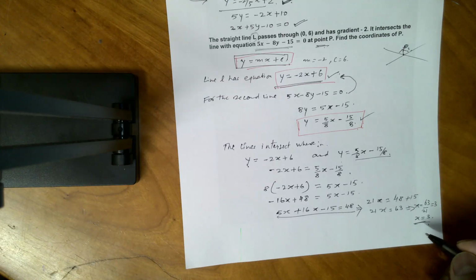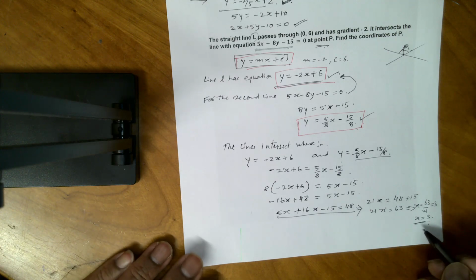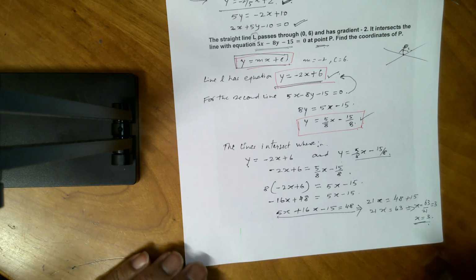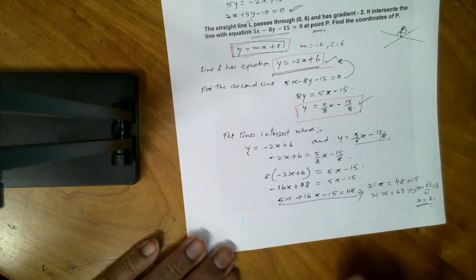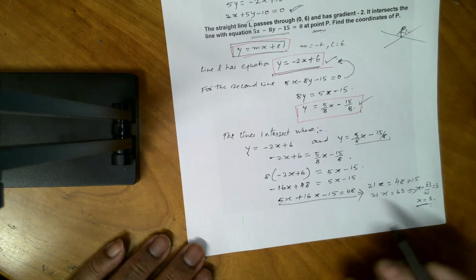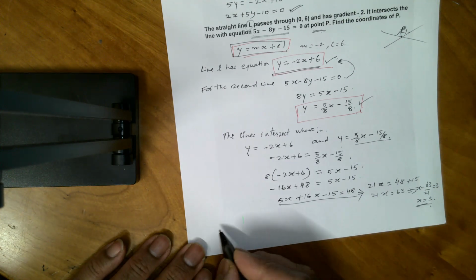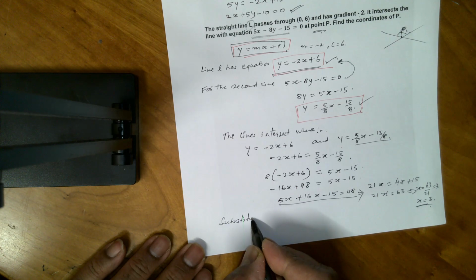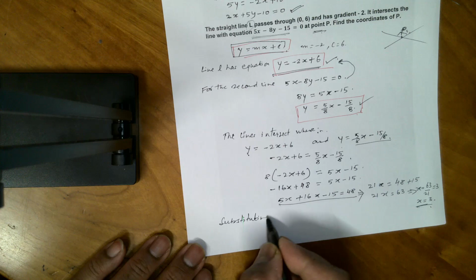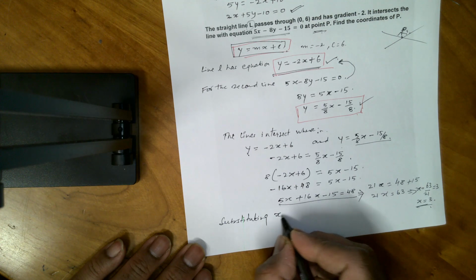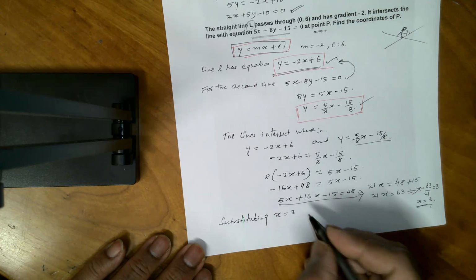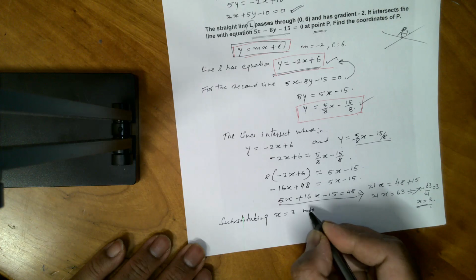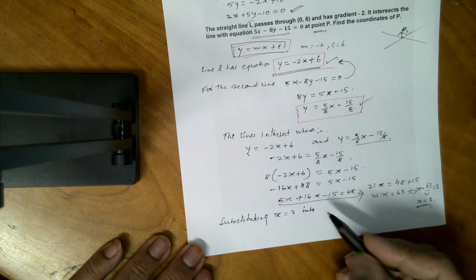Right, see, you almost got there. So once you found x equal to 3, what you need to do is find the coordinate. So we write again here, substitute. That's what we're going to do, substituting x equal to 3 into your equation. Which equation?